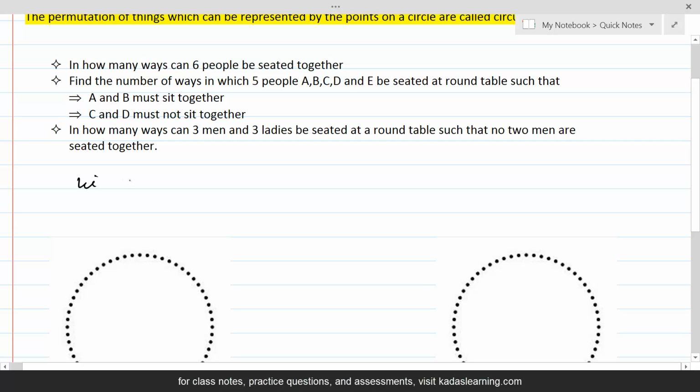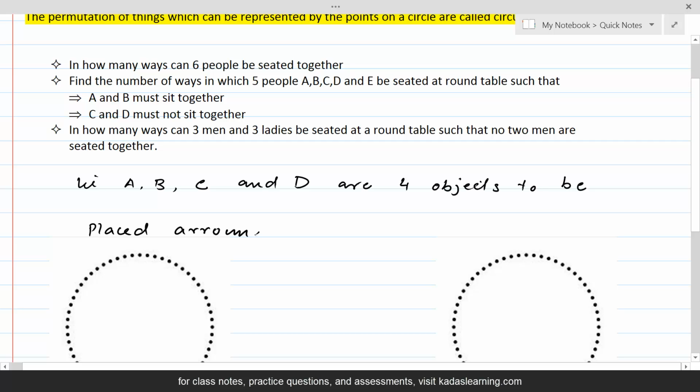Let A, B, C, and D are four objects to be placed around a table.